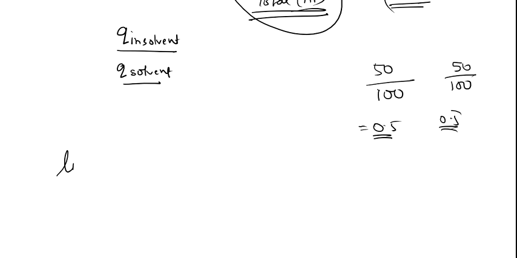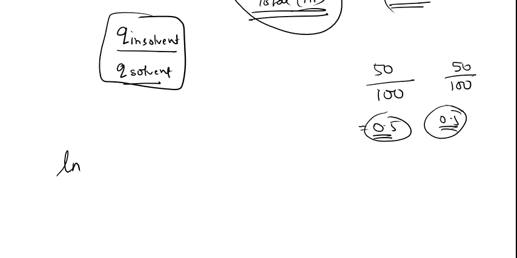If you remember, we need to adjust the Z cutoff score using the Bayes theorem, and using the Bayes theorem we have got the probability of solvent and insolvent. Now what should be the adjustment amount? We use the formula: ln of probability of solvent by probability of insolvent.